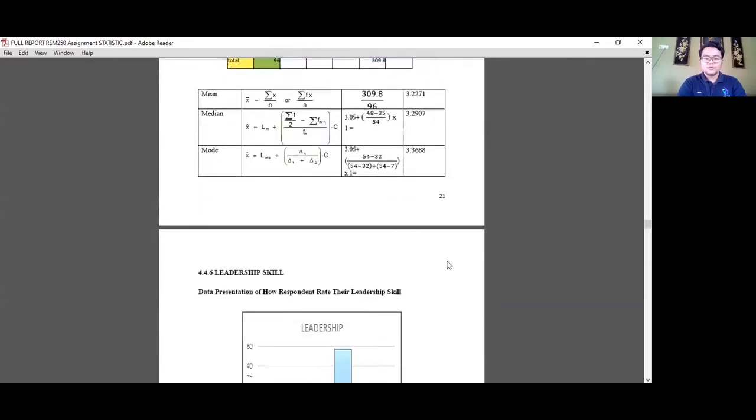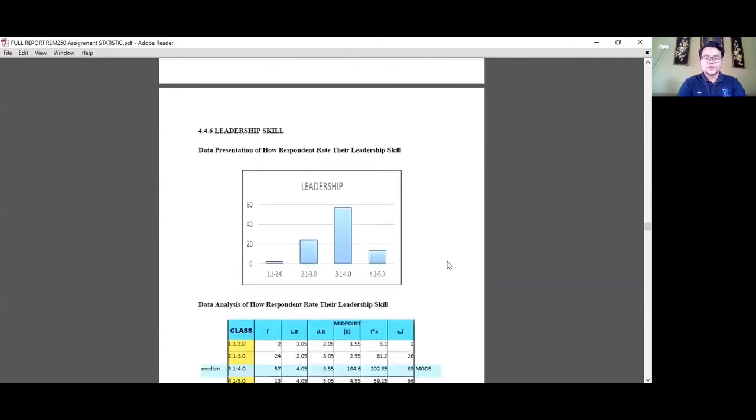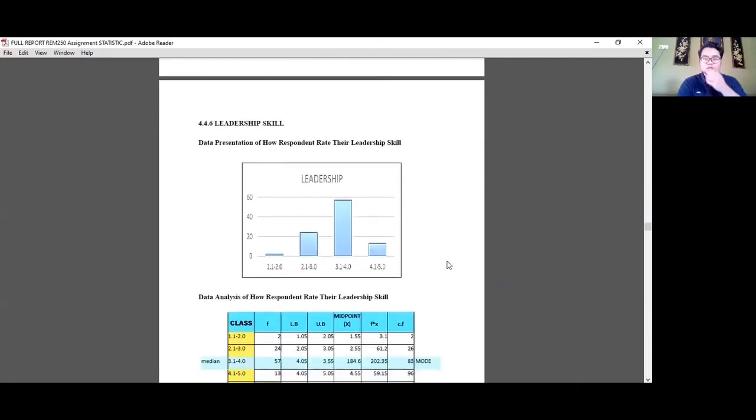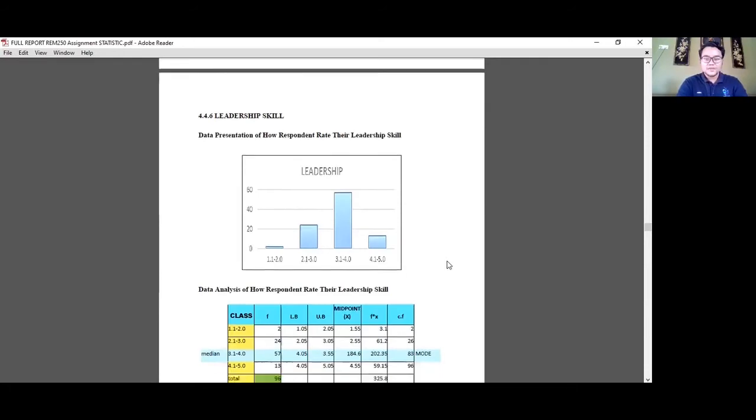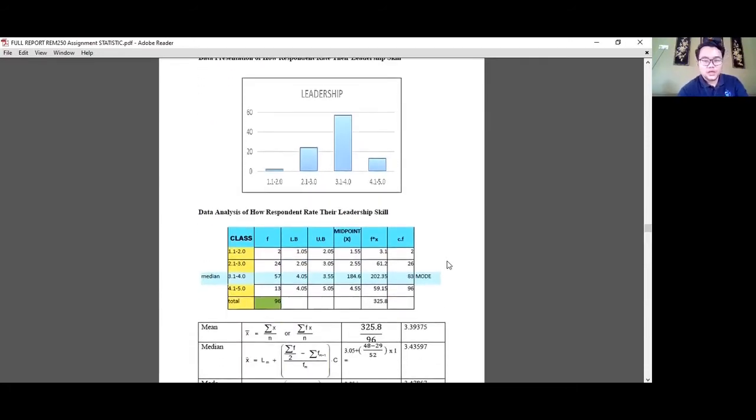So we go on to our next skill, the leadership skill. In this data presentation of how respondents rate their leadership skill, same as the creativity skill, about 57 of the total 96 respondents chose 3.1 to 4.0 to rate their leadership skill.